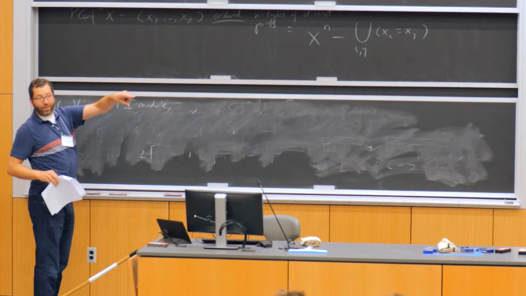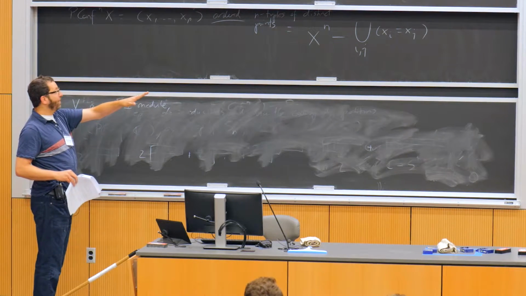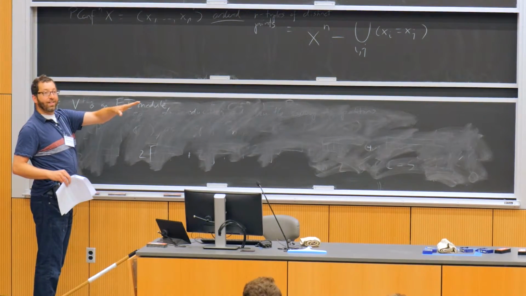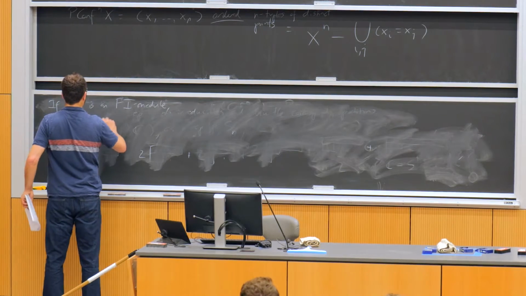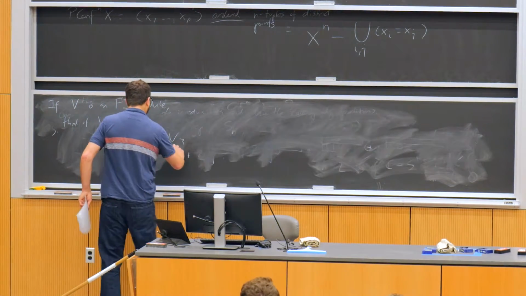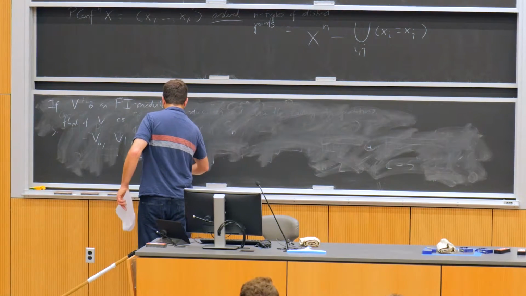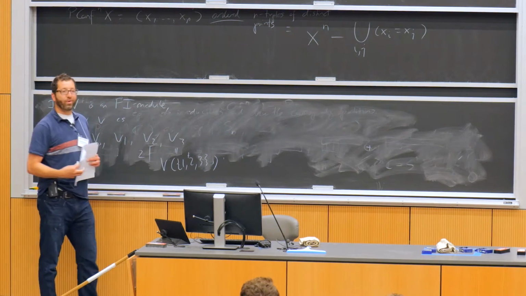For each object of FI, you get a vector space. The objects are just finite sets. So I can think of this as a sequence, V0, V1, V2, V3, where what I mean by V sub 3 is the functor applied to the set 1, 2, 3.